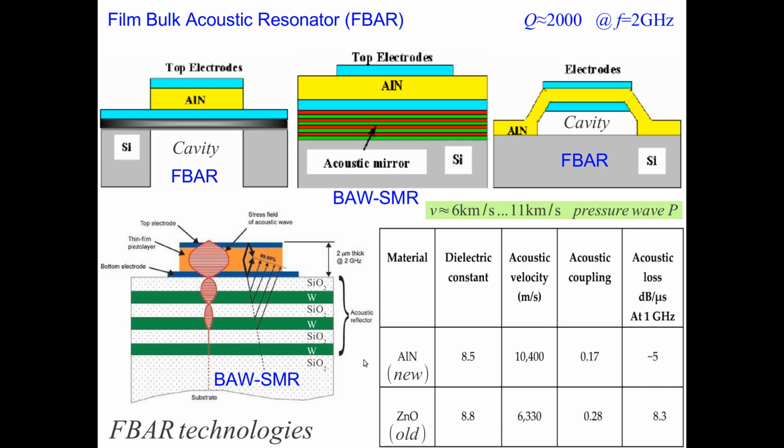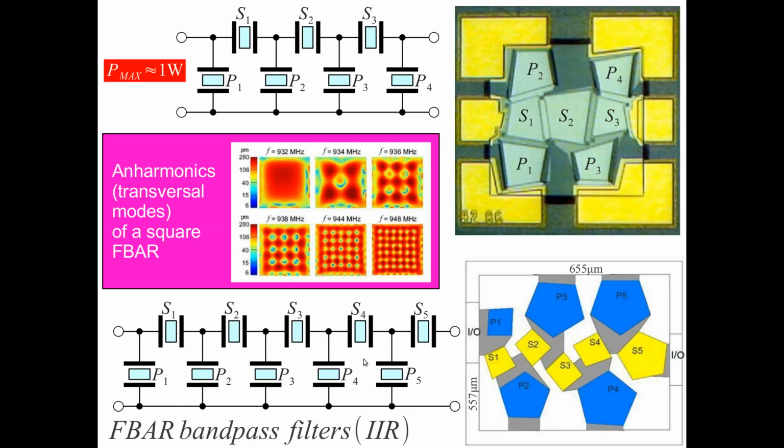With film bulk acoustic wave resonators, we can build filters, and these are mainly antenna filters for mobile phones. Since in certain standards like UMTS the mobile phone is receiving and transmitting at the same time, we need antenna duplexers, and these duplexer filters are made out of film bulk acoustic wave resonators.